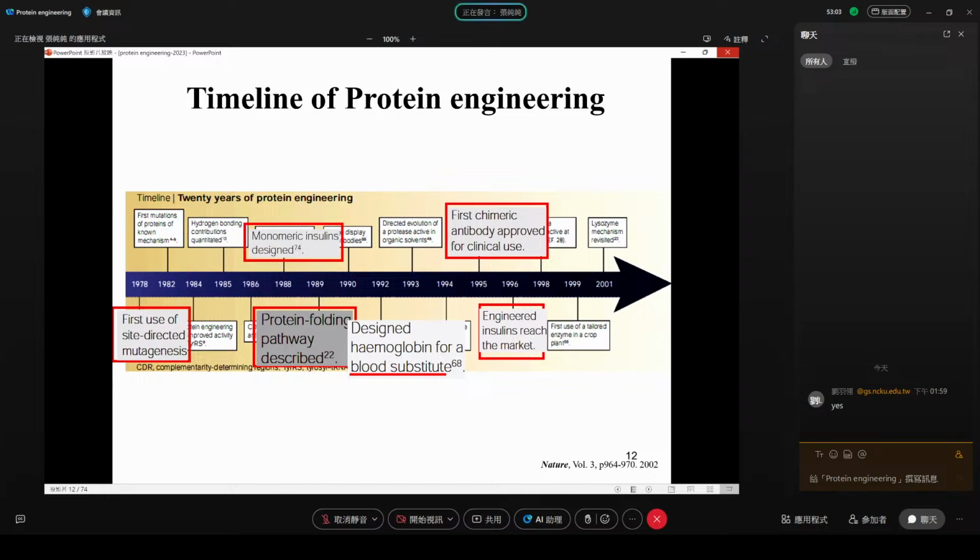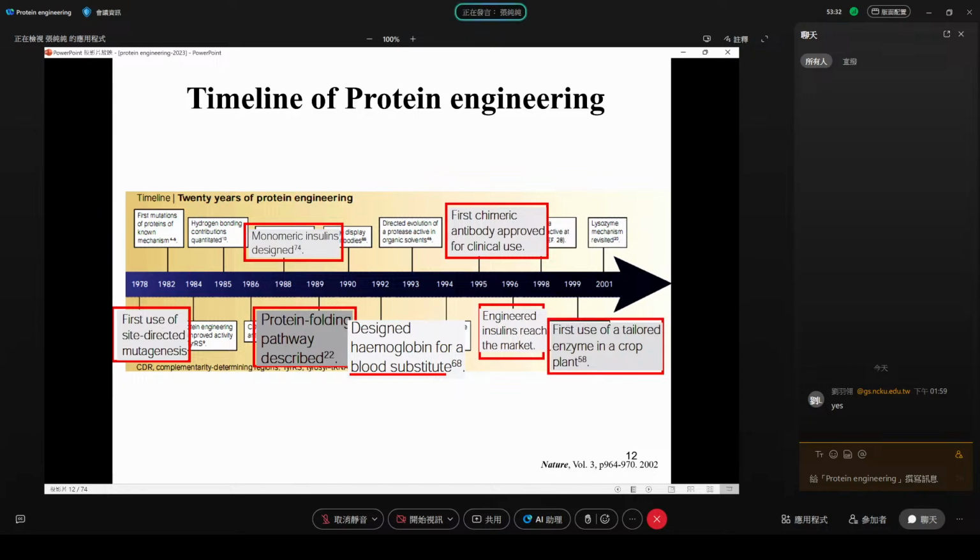That's a big milestone in this field. And why choose insulin to start this kind of experiment has several reasons. First, insulin is quite small. Second, a lot of diabetes patients need this product. So pharmaceutical companies would like to put a lot of effort into this research. That's also a major reason.